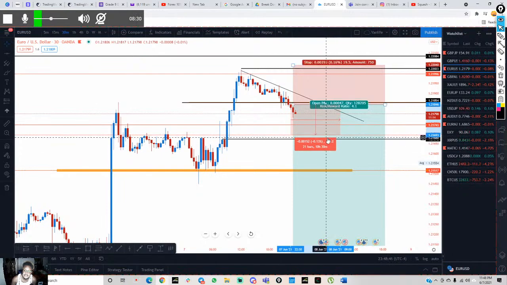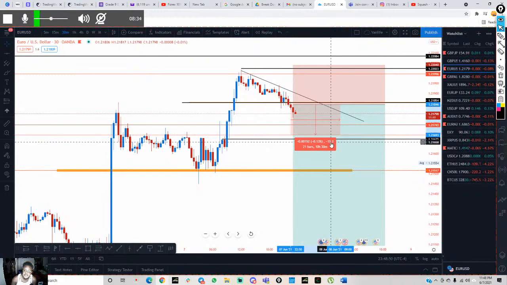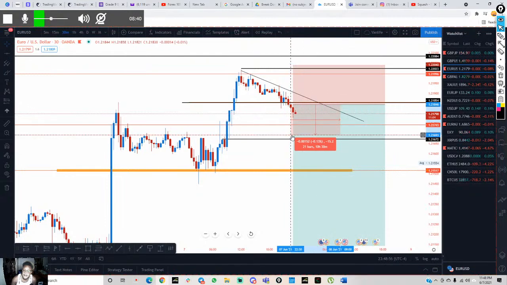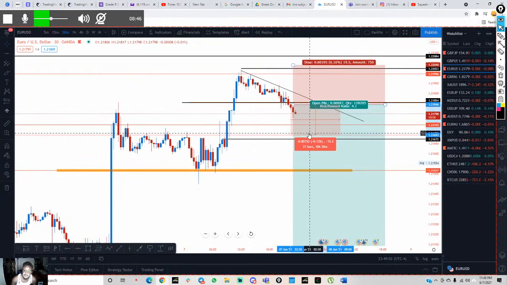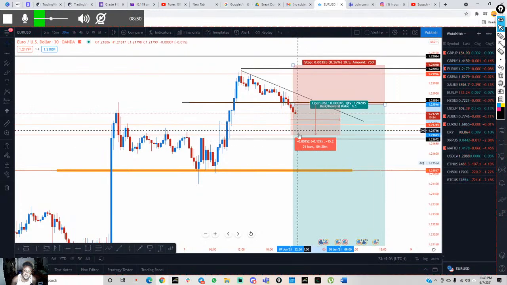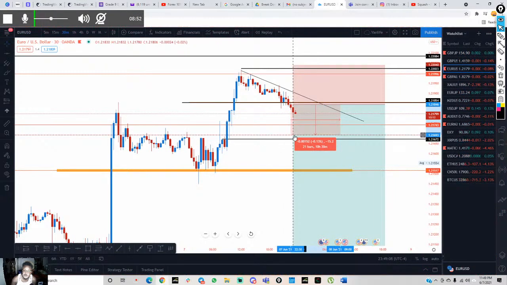So at this point, if you're using $1 per pip and you're targeting 15 pips, if you secure 50% at 15 pips, that's about $800 to $900 right there. If you secure the entire position, you're looking at almost $2,000 with just this 15 pip move. So you really have to take into consideration how you are going to manage risk in the Forex market.